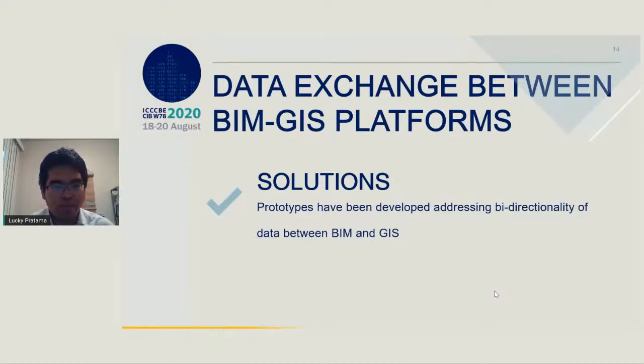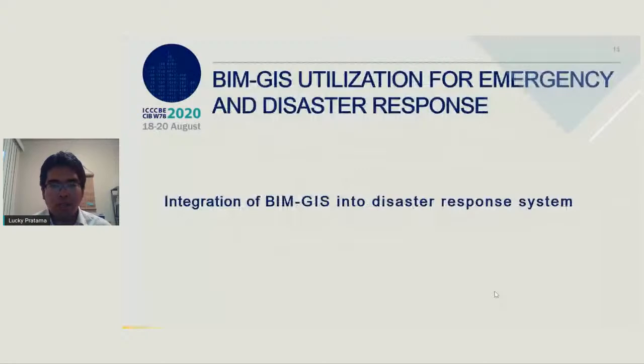So there have been solutions by creating a bridging tool that bridges the conversion between BIM and GIS. One of the solutions is to create a universal building model, which converts the geometry and semantic data of BIM to translate into GIS.